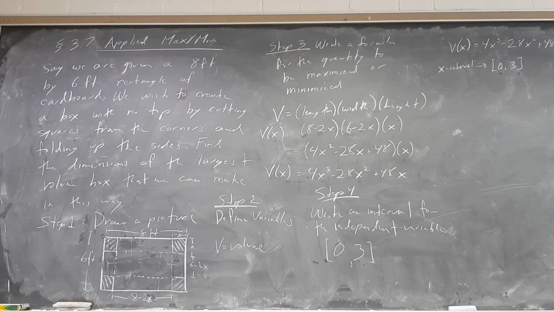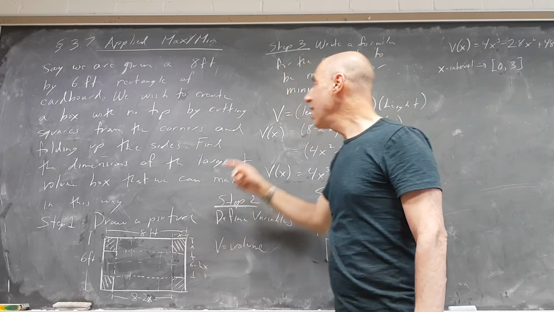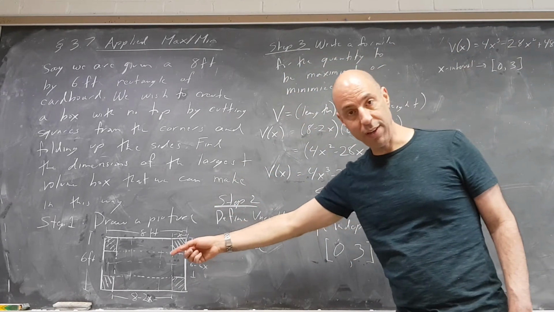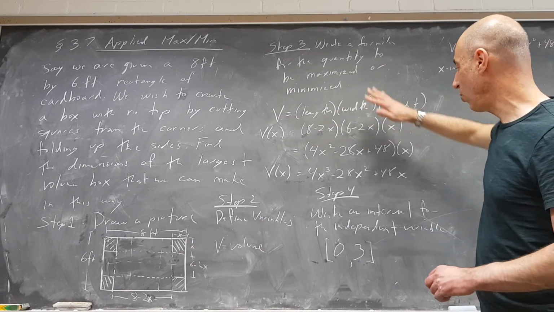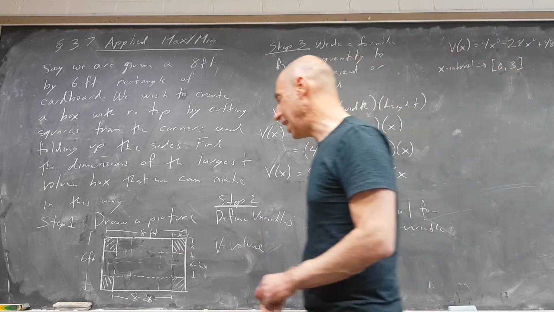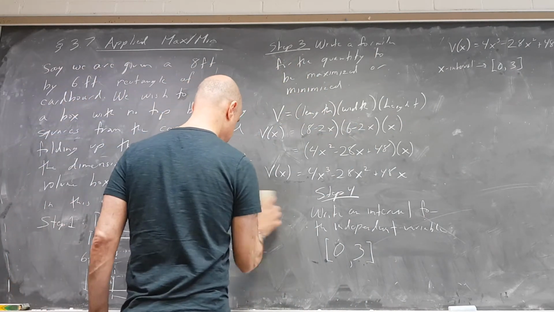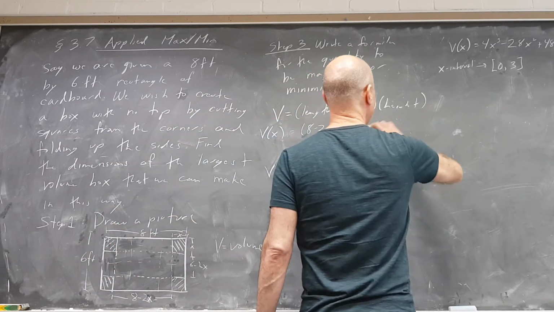And what we're going to try to do is find x to make this as big or as small as possible. Let's not forget what this is. For any x you care to give me, this formula tells me the volume of the box that we make. So I think I can erase what's over here now. I'll leave the V equals volume on the board there, but I'm going to erase this.